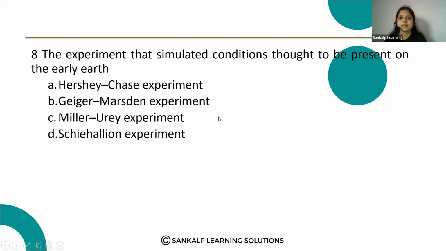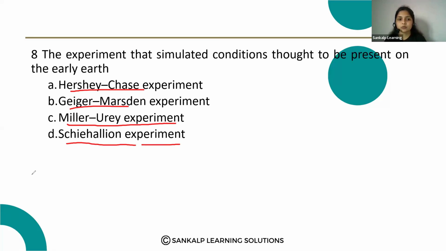Next question. Which experiment simulated conditions thought to be present on the early Earth? The options are the Hershey-Chase experiment, the Geiger-Marsden experiment, the Miller-Urey experiment, and the Schehallien experiment.